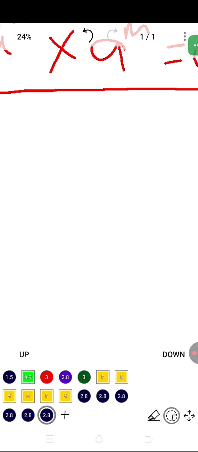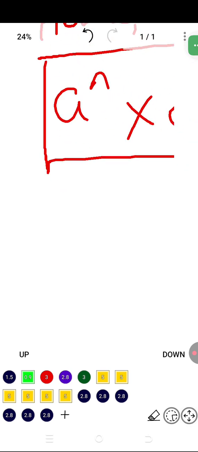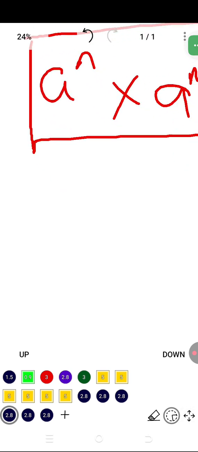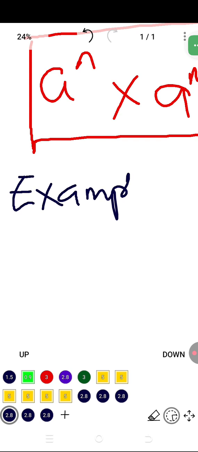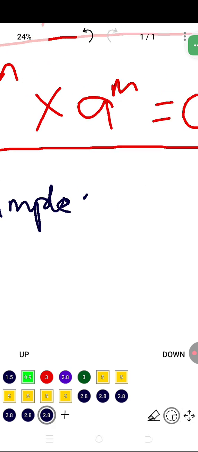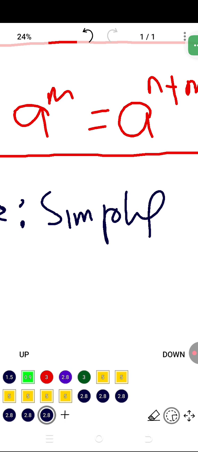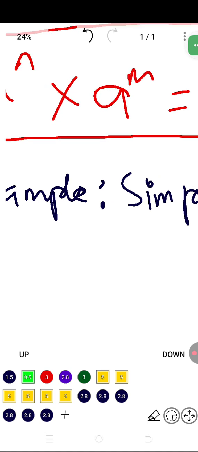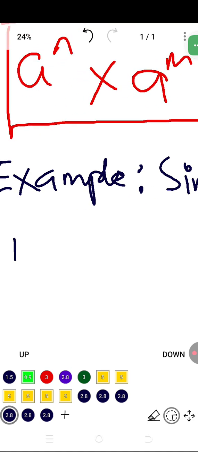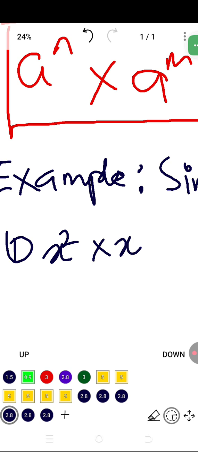Now let's take a quick look at an example. Simplify: number 1, x raised to power 2 times x raised to power 3.